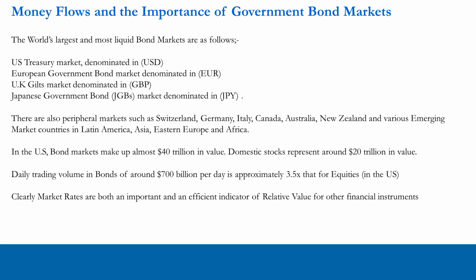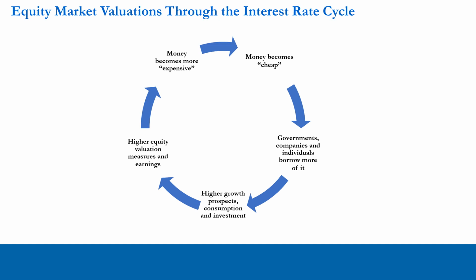Now, if we're going to understand how the bond market affects equities, we need to look at it in the context of a business cycle, an interest rate cycle, a credit cycle. Let's have a look at a typical cycle. Let's start from the very top, where we look at the beginning of an economic growth boom.